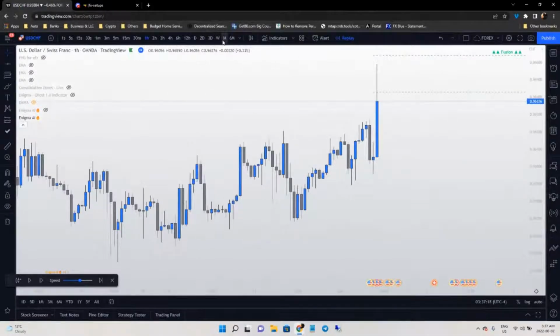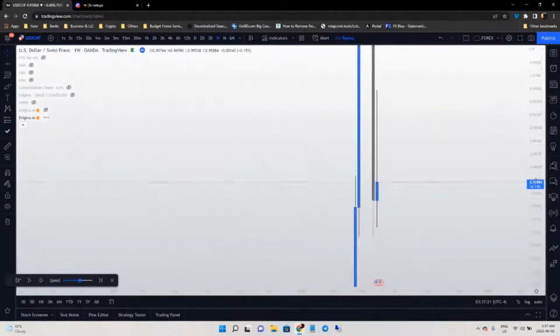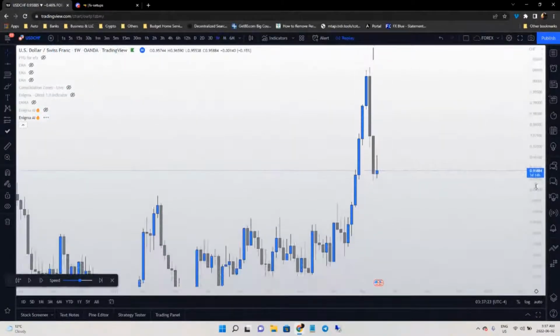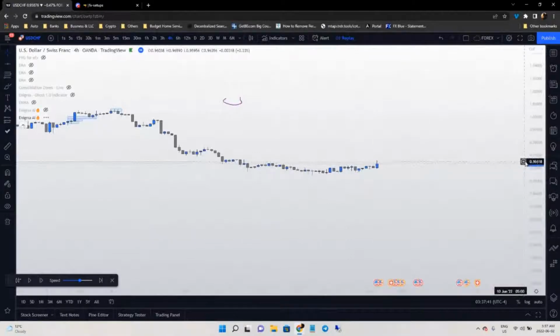So I'll always look at not the monthly, the weekly. So for the last 2 weeks, it was going down, and then this week it went up and retraced. Okay, but let's look at 4-hour to see where we're at.